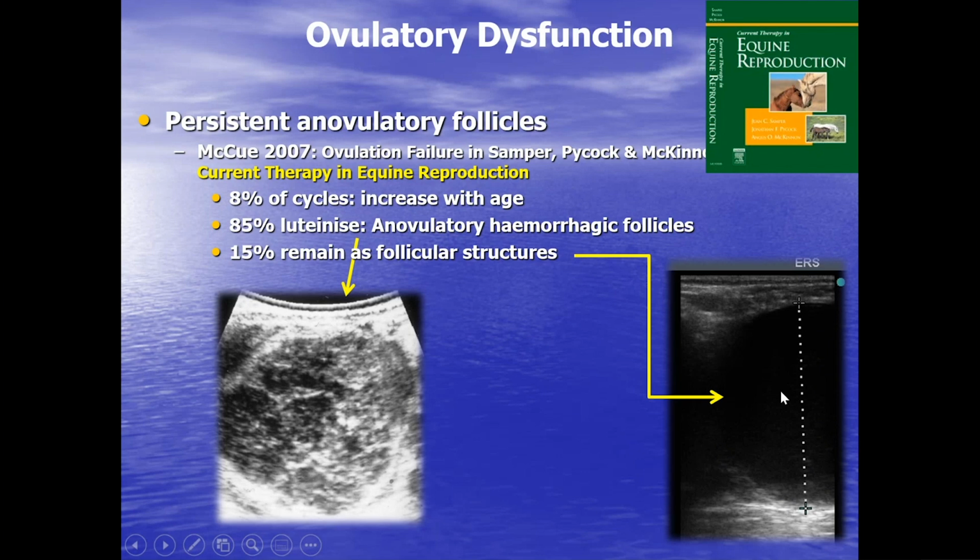So this gets larger and larger, but just doesn't ovulate. They're a little bit more difficult to deal with, as we'll mention when we come to that topic, because of course the luteal structures you can give prostaglandin to. Prostaglandin to these 15% that remain as follicular structures, can't do much about them.